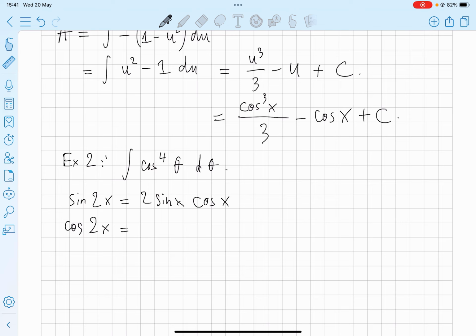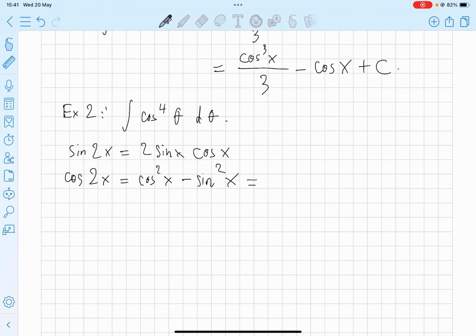This will give you cosine squared of x minus sine squared of x, and you have cosine squared of x plus sine squared of x equals 1. So you can make a change from here.